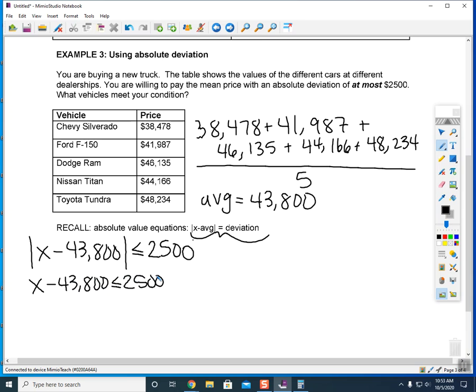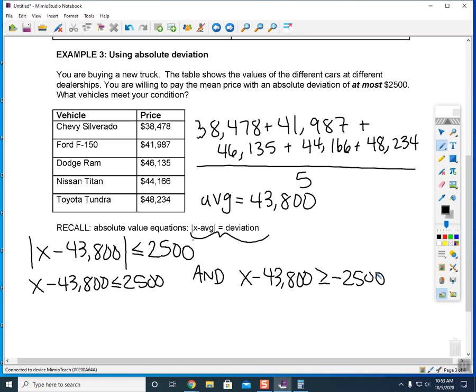Is it going to be an and statement or an or statement? That is what we're going to think about next. This is going to be an and statement, just to tell you right away. And x minus 43,800 is greater than or equal to negative 2,500.